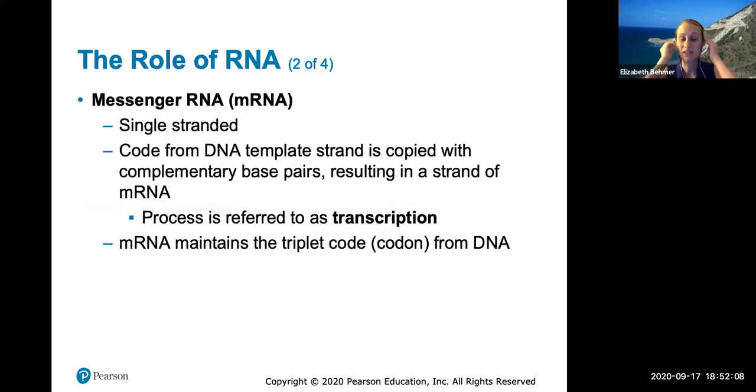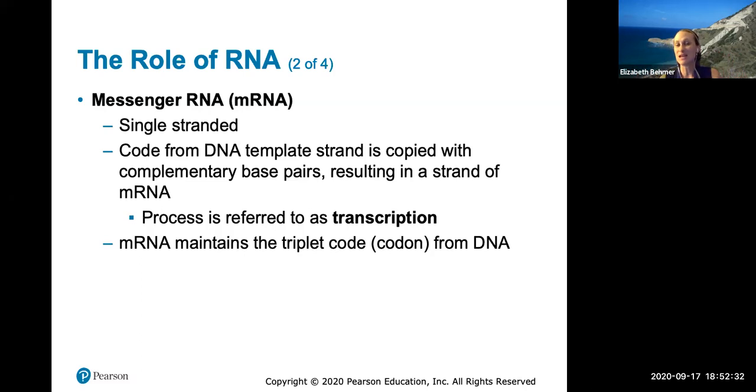So let's start with messenger RNA. This is single-stranded. Messenger RNA is a code from a DNA template strand, and it's copied with complementary base pairs, resulting in a strand of messenger RNA. And this process is referred to as transcription. So transcription is just taking DNA and creating an RNA copy of that DNA.